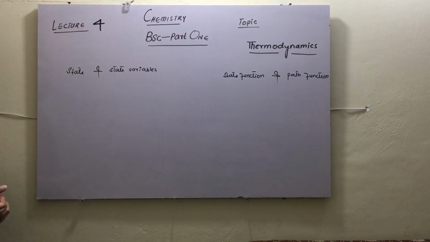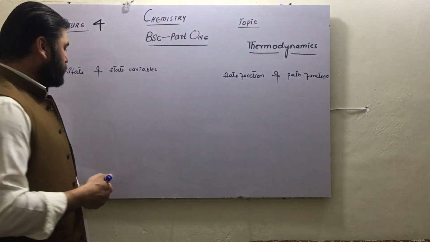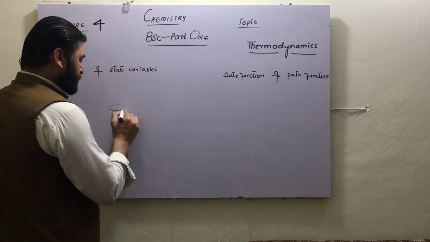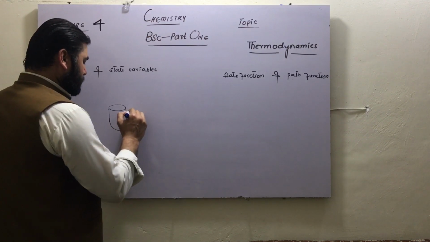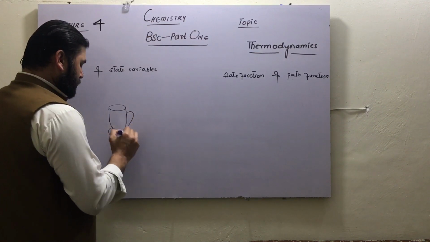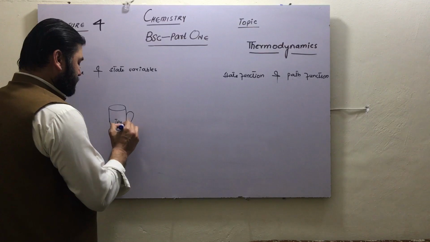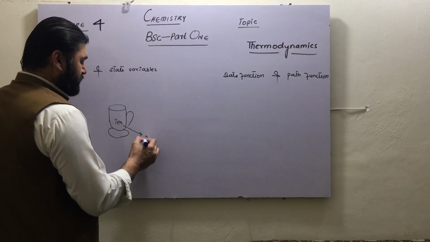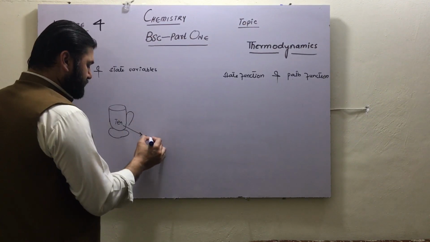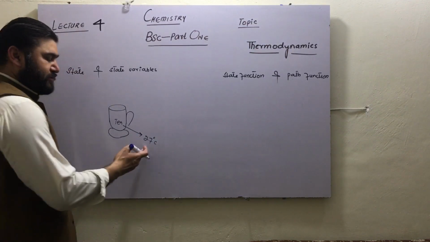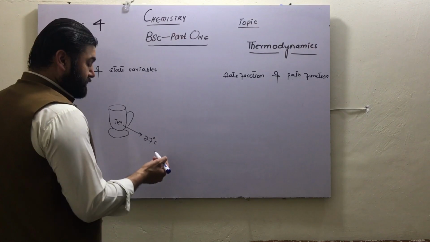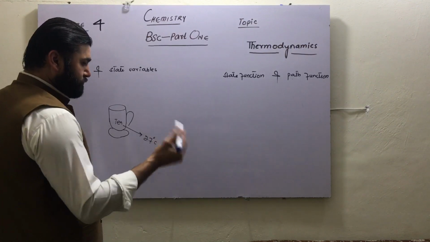So what is basically state? Suppose we have a cup of tea. In this cup of tea the temperature of the tea is about, suppose, 27 degrees centigrade. It's not hot, so it is in a cold condition, we can say it is at room temperature.